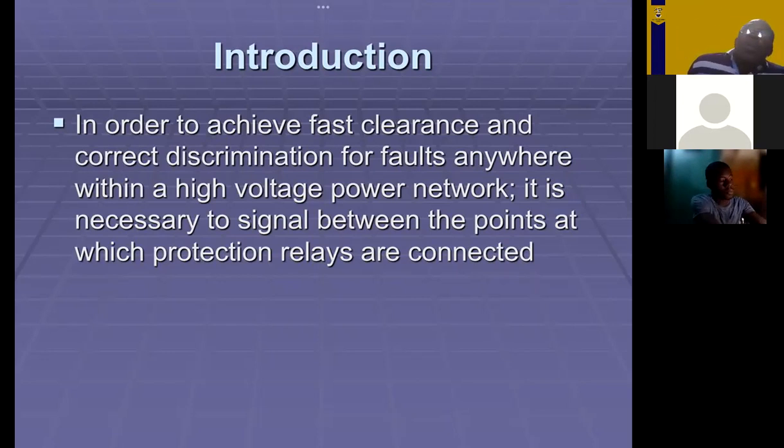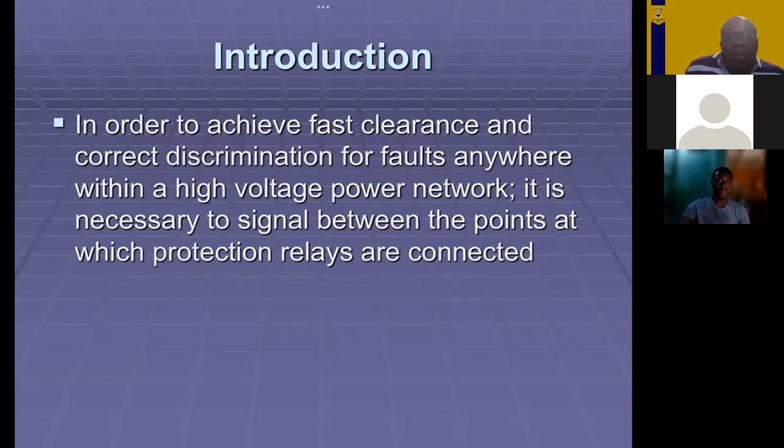We also, when we looked at differential protection and we spoke about the voltage balance scheme being used for feeders, you'll understand that the relay would be located in a substation, but of course you need to get the information from one point to the next. That is also a form of signaling.